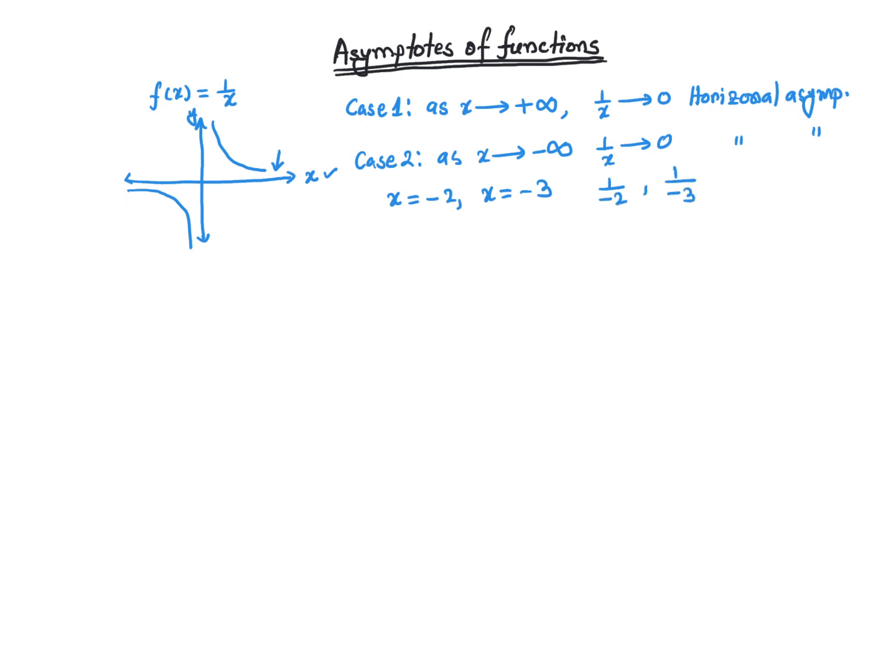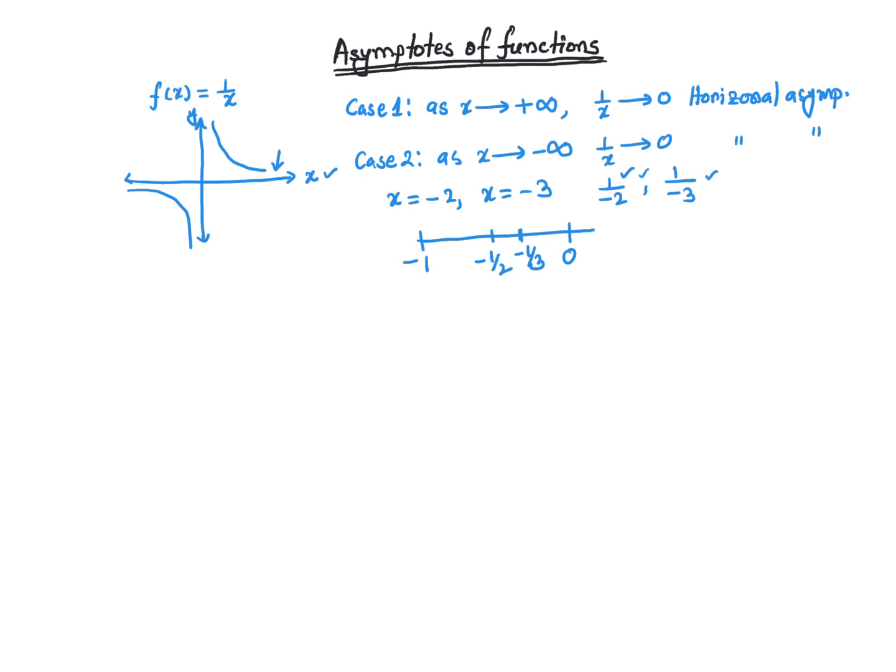Now, this is where sometimes people make mistakes, and I am guilty of making that mistake as well. So let's say this is my 0, this is my negative 1. So my negative 1/2 is going to be right in the middle, and negative 1/3 is going to be somewhere here. So without taking into consideration the sign, we quickly say that negative 1/3 is smaller than negative 1/2, which is incorrect.